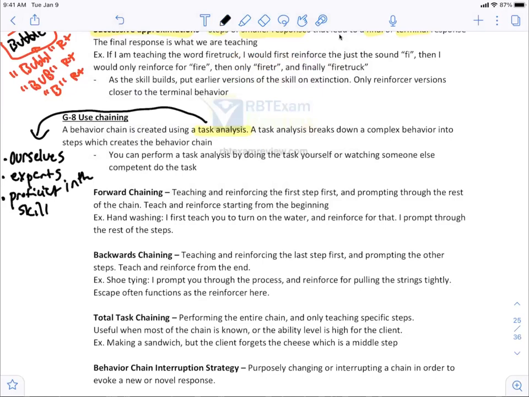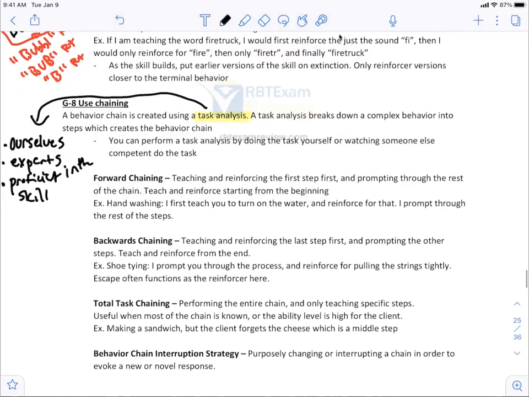We don't want to look at someone who isn't proficient, all right? For example, if we have a 5-year-old and we're trying to teach them a skill, don't just look at another 5-year-old do the skill because they're also 5. Look at someone who actually is proficient in that skill. That's going to give you the most accurate task chain. And then you can adjust the task chain as needed. Okay, a task analysis breaks down a complex behavior into steps, which create a behavior chain.